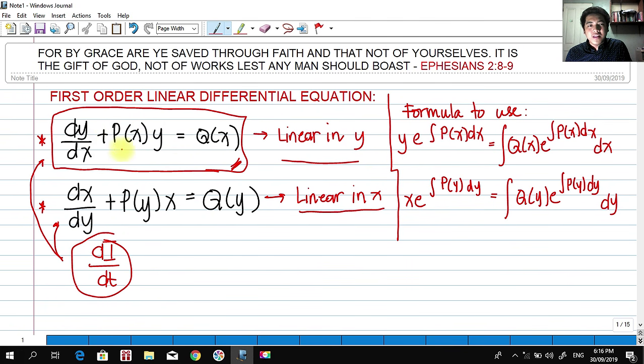If you are able to put the DE in this form, or in the second equation's form, then it is said to be a linear DE. And again, our dependent and independent variables are not only limited to x and y. In applications of DE, you have the current over time, so it varies. Okay, so let's try to solve.